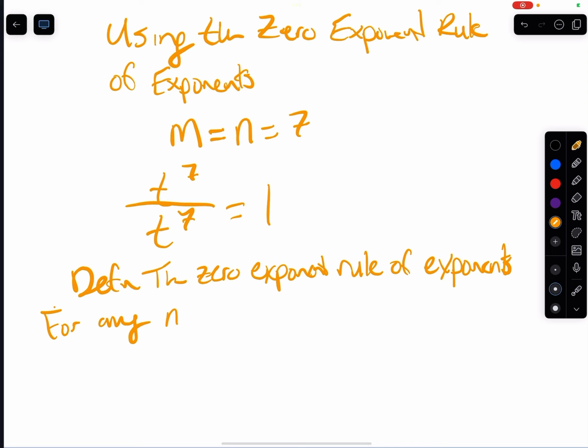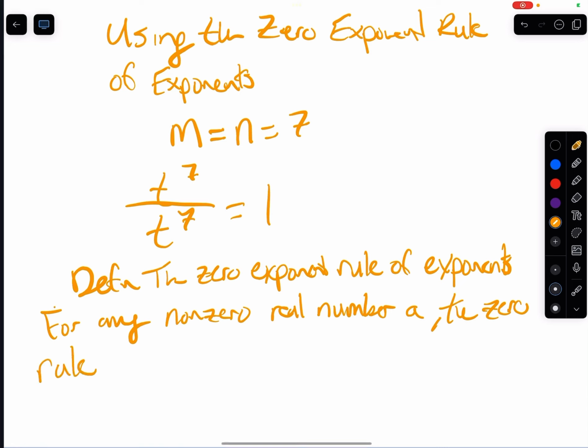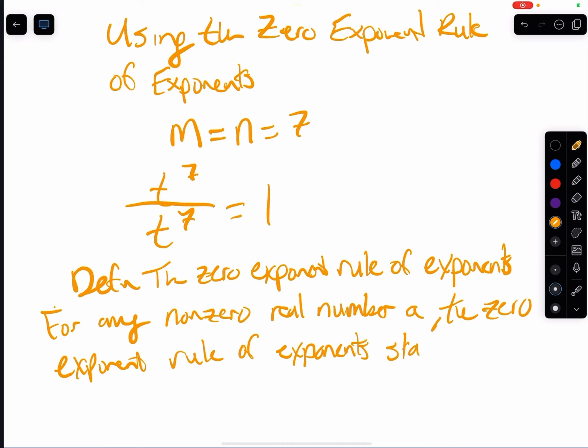For any non-zero real number a, the zero exponent rule of exponents states that a raised to the 0 power is equal to 1.